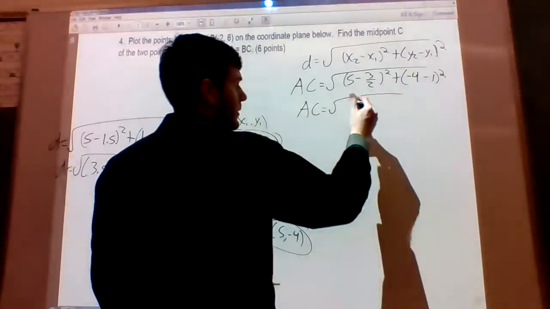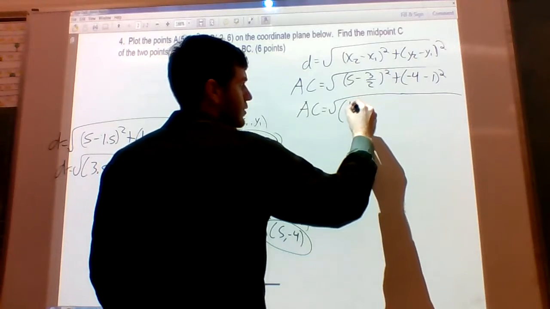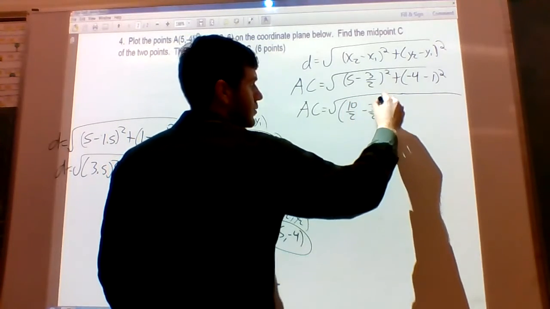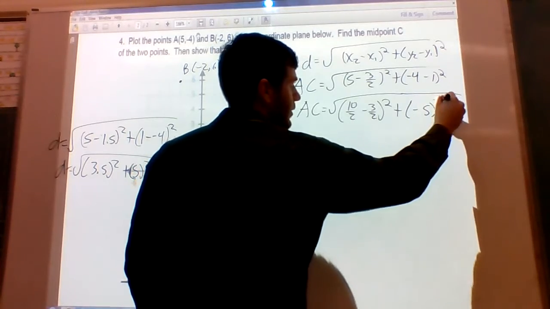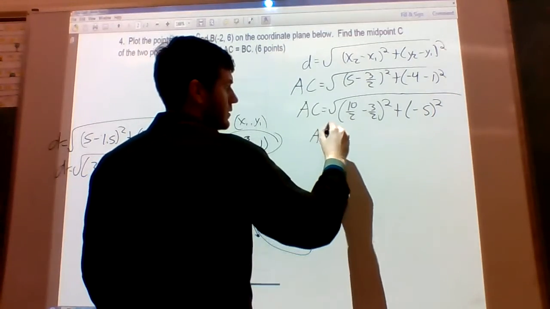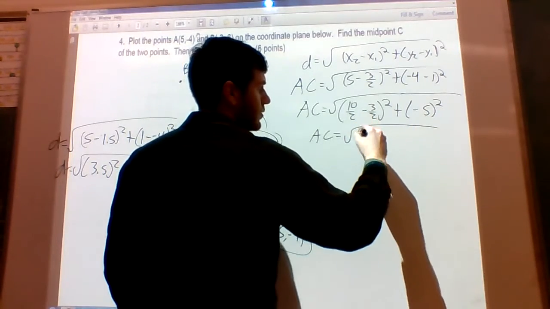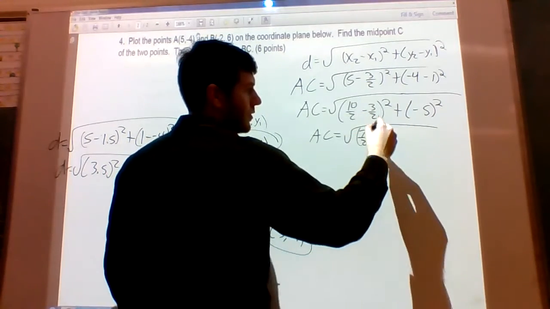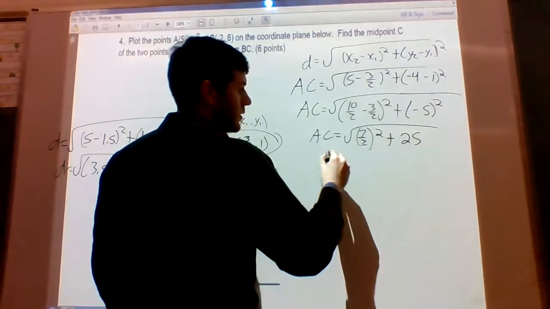So if I'm going to find a common denominator, I'm going to have 10 over 2 minus 3 over 2 squared plus, this is going to give me negative 5 squared. So AC is going to be 7 halves squared. 10 minus 3 is 7, so 7 halves squared plus 25.